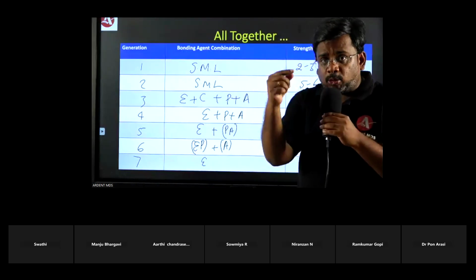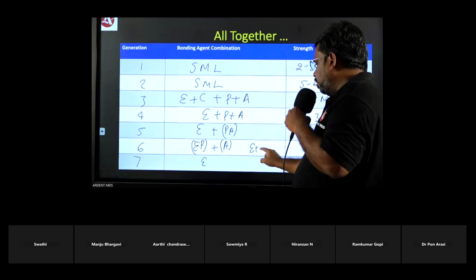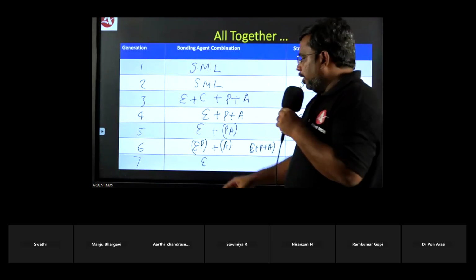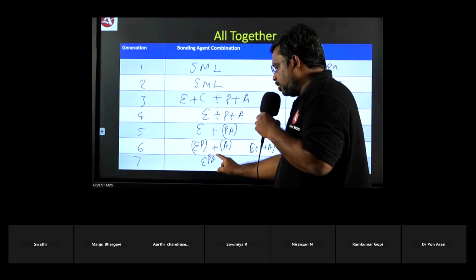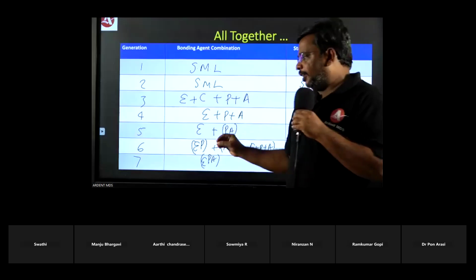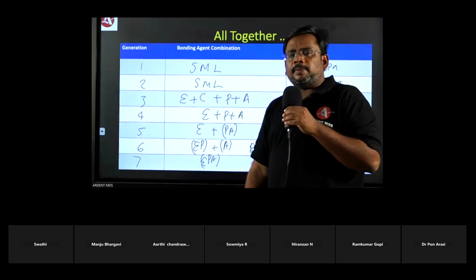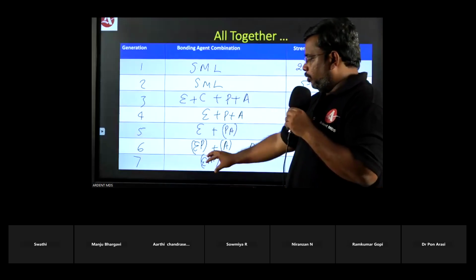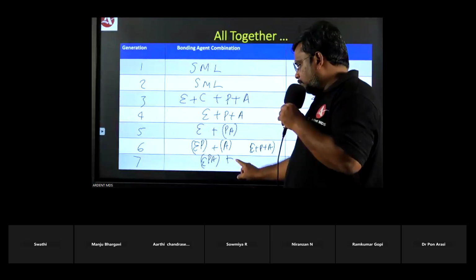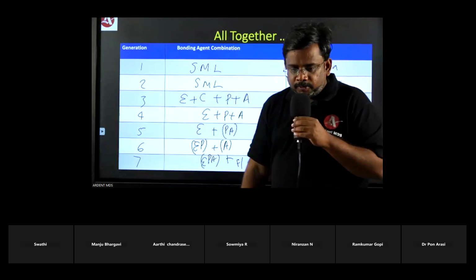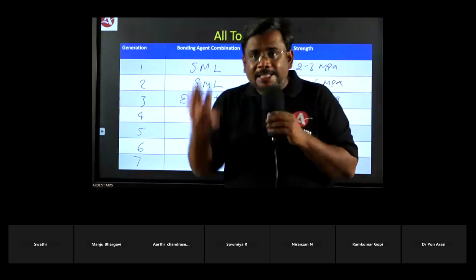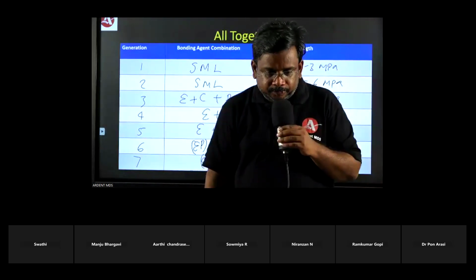In sixth generation there is one more thing: etchant, primer, adhesive can be mixed together and used as a single one. In seventh generation, the manufacturer itself mixes etchant, primer, and adhesive together. In some products, seventh generation is given as a fluoride-releasing bonding agent also, probably with fluoride added. You should know these generations of bonding agent.